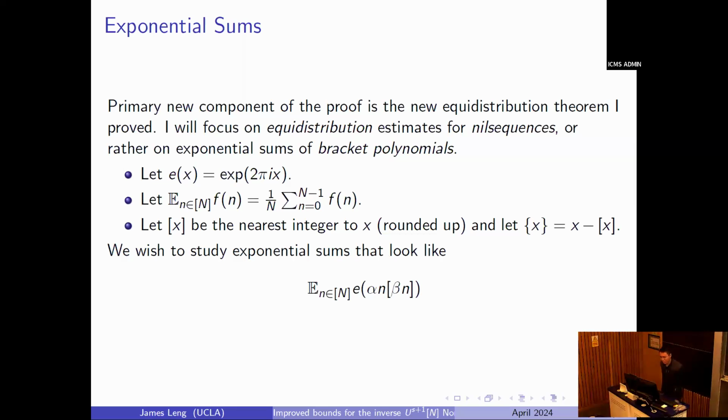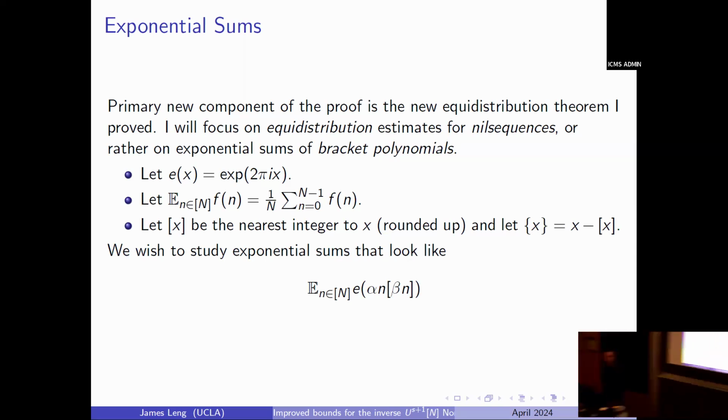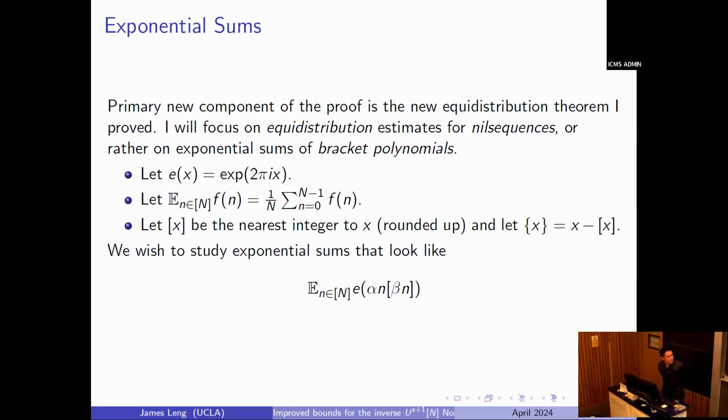So first, I will let e of x define the complex exponential, exponential of 2 pi x. I will define this expectation over the n parameter to be this averaging operation over 0 through n minus 1.